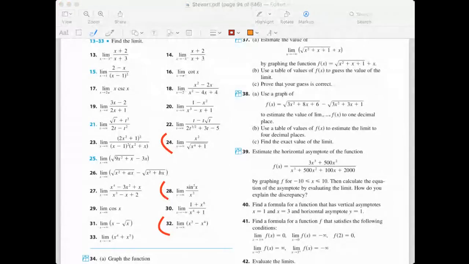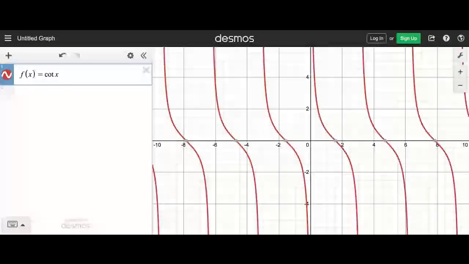Let me share this with you. Okay, so this is a cotangent graph.